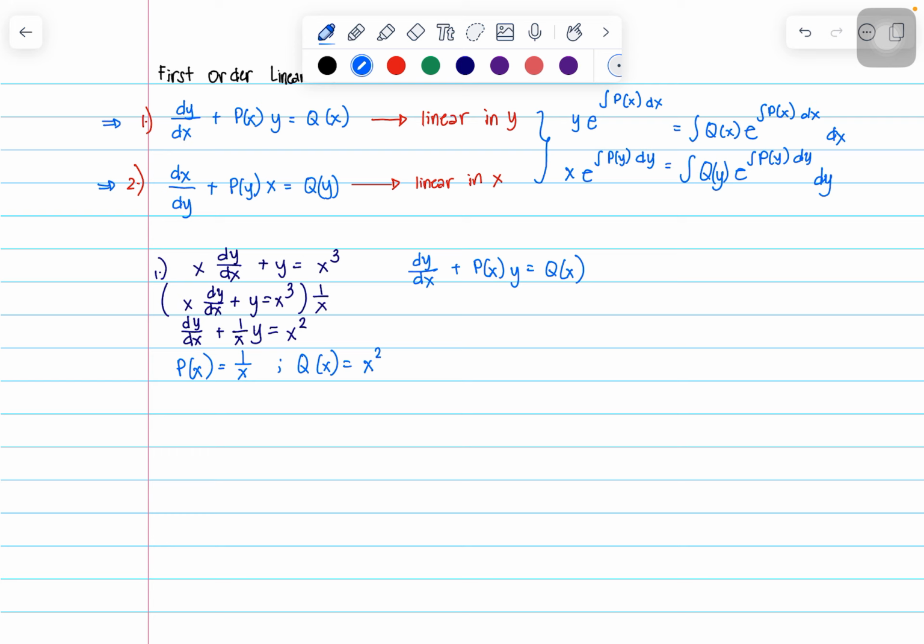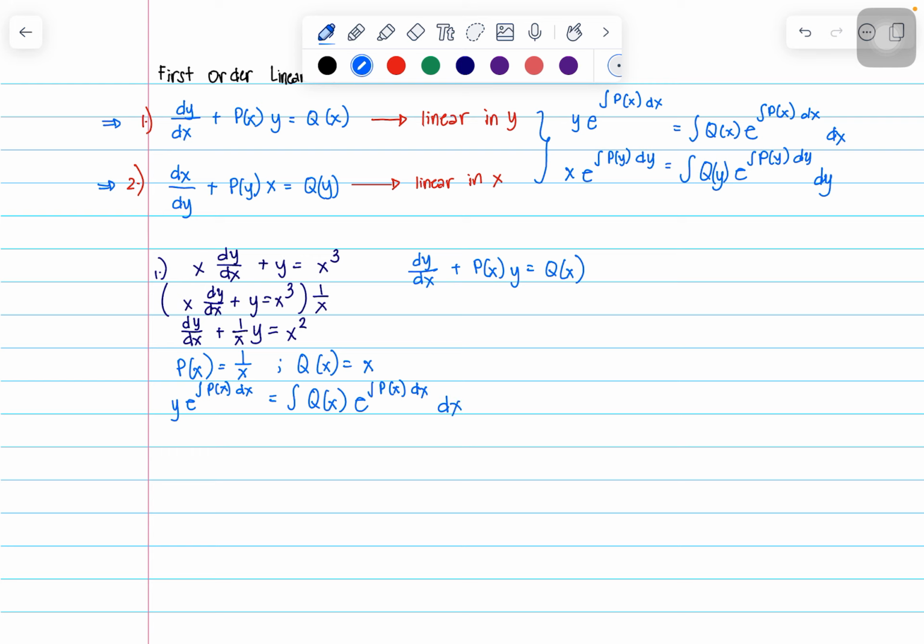So the formula for first order linear DE in y is y times e to the integral of p of x dx is equal to the integral of q of x times e to the integral of p of x dx.